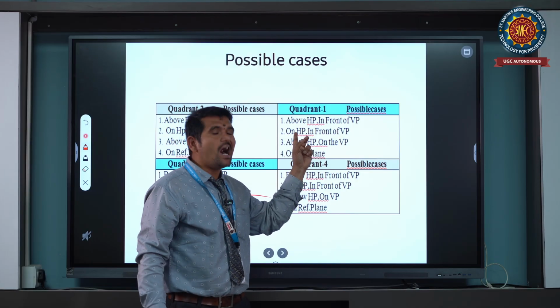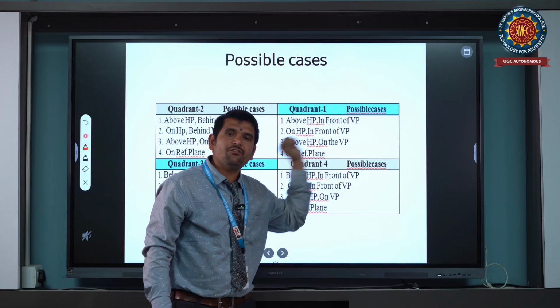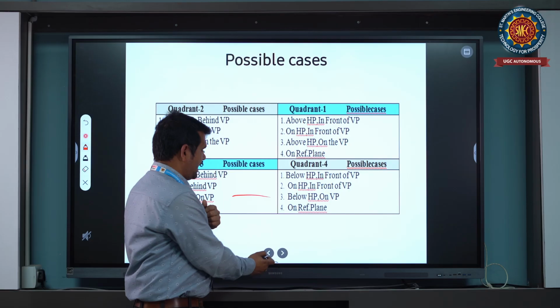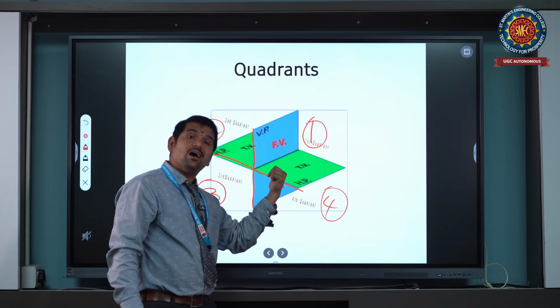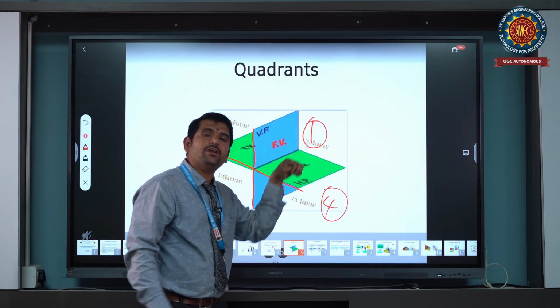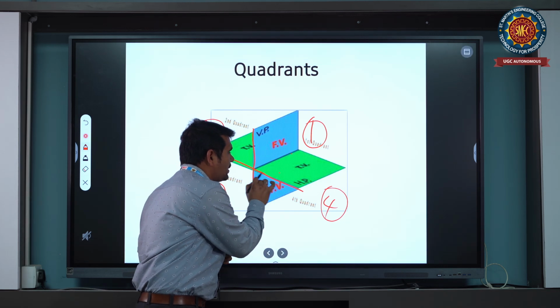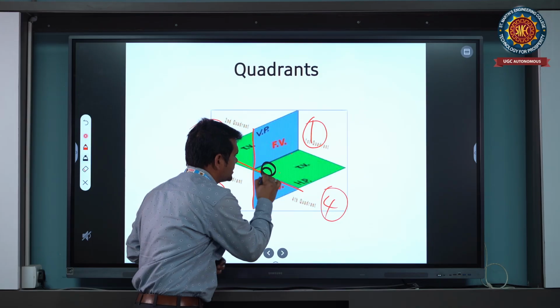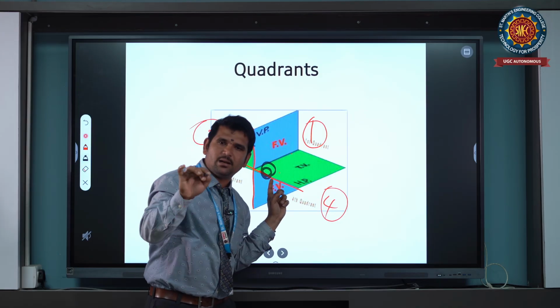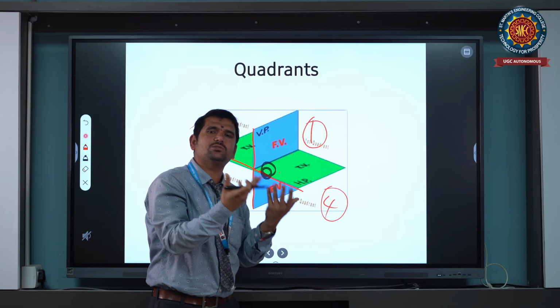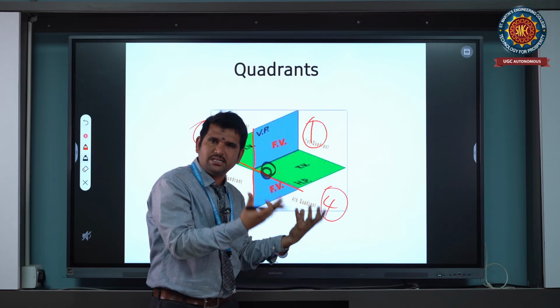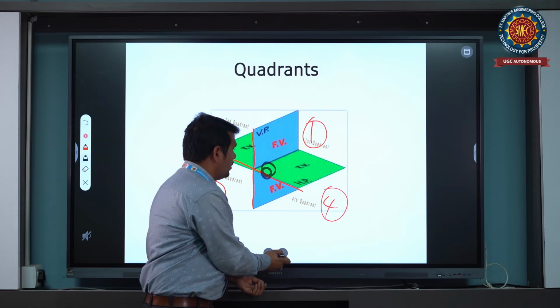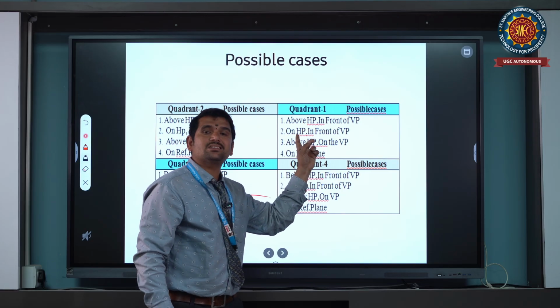Next case, on HP, in front of VP. See, in the same way, the point is on HP, but it is in front of VP, so we are going to represent the point wherever it is. For example, on HP, on the horizontal plane, anywhere, there is no specific dimension mentioned. So just what they are saying, only that a point is on HP.